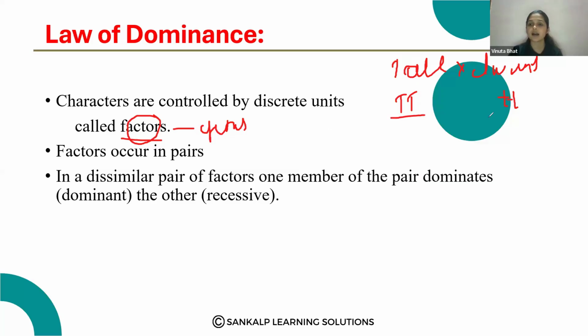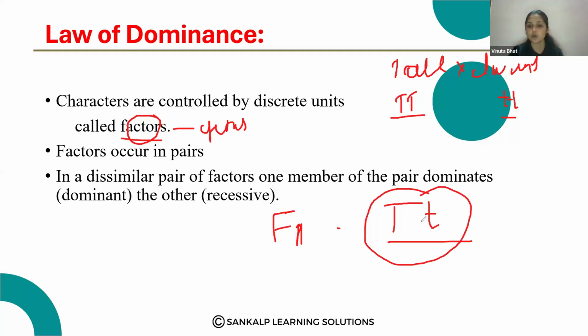So these factors occur in pairs, and in a dissimilar pair of factors, one member of the pair dominates the other. One is called dominant and the other is called recessive. For example, capital T, small t, which we get in the F1 generation. Here the plant is tall, even though it has small t, because these are dissimilar factors, dissimilar genes, but both are related to one character, the height of the plant.